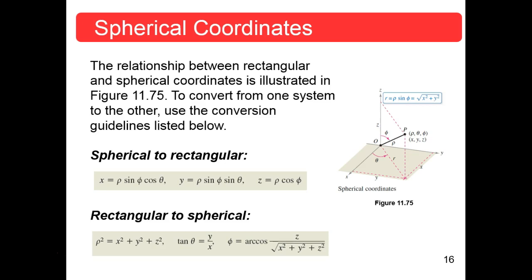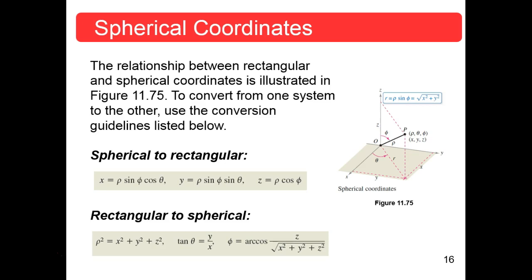So the x coordinate here is rho times the sine of phi, that gives you your r, times the cosine of theta, that gives you your x. Okay? The y, you have to get to the r again, so it's still rho sine phi, but now it's sine, because the y value here is the sine of theta.